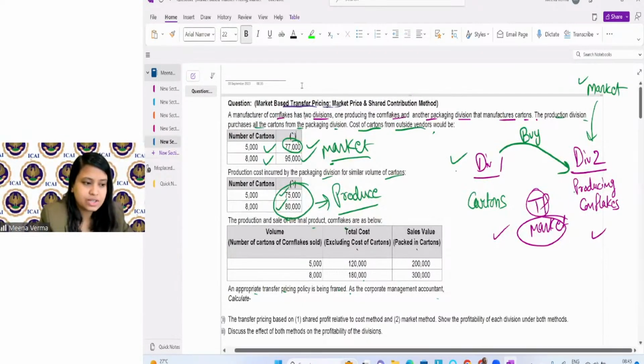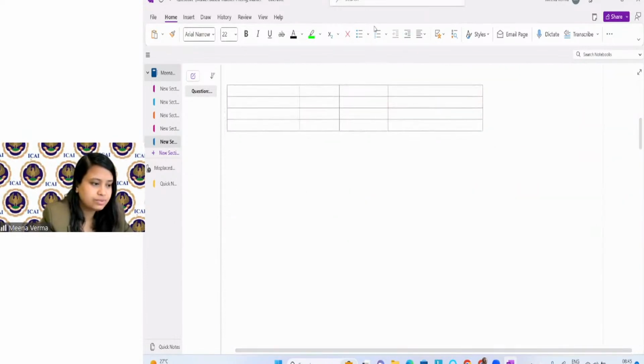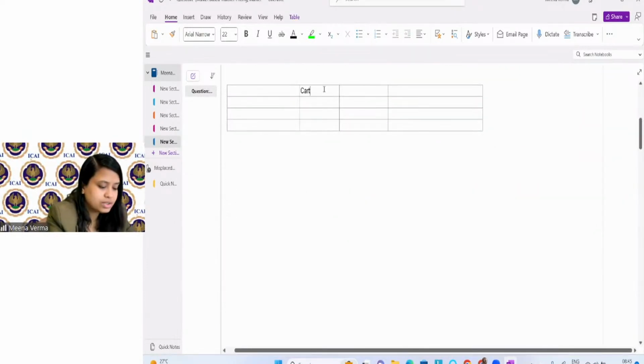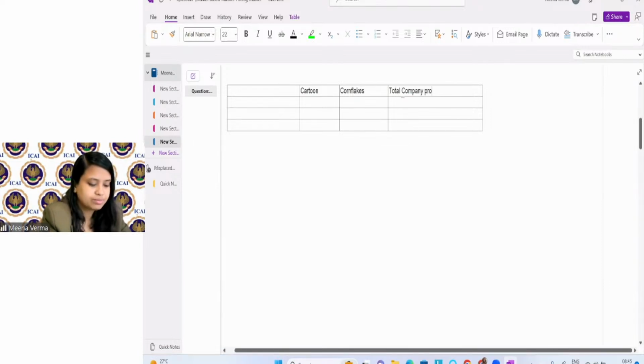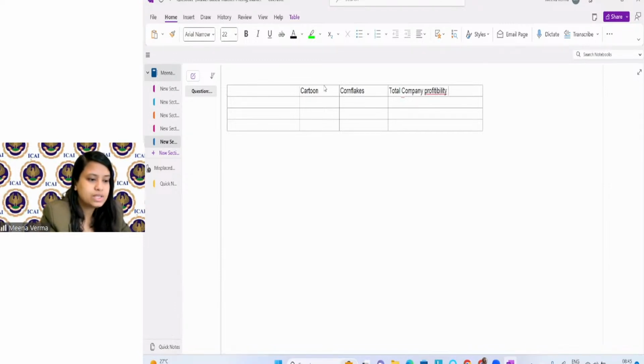Division 1, the carton division and the cornflake division. Cartons division and the cornflakes. And the total profitability, because the total profit will be distributed amongst them on the basis of their total cost. Okay, total company profitability. Right. Okay, this is the scenario we have.